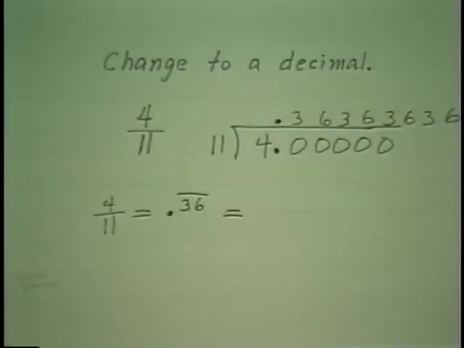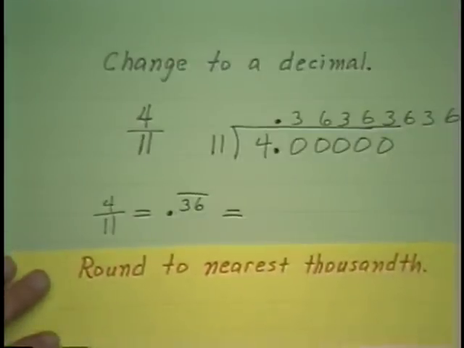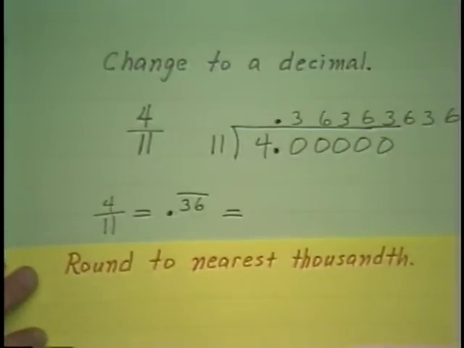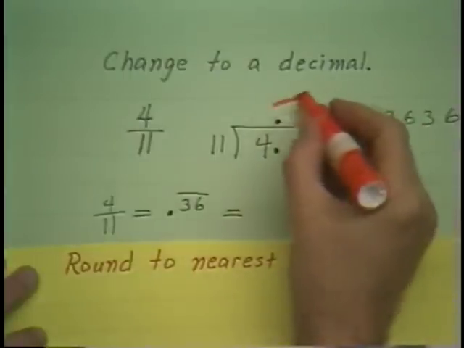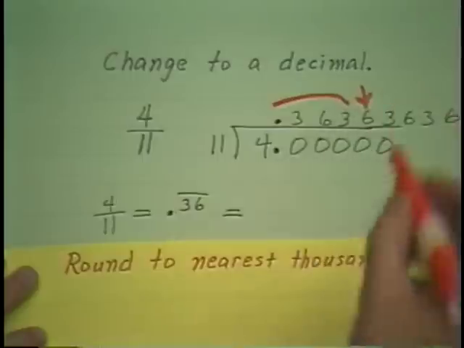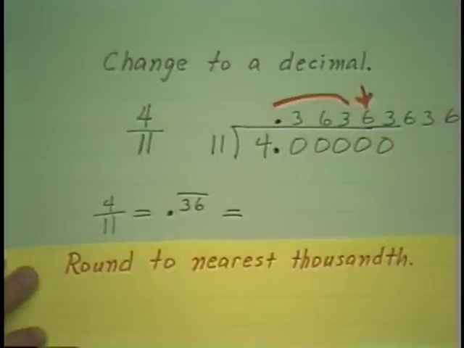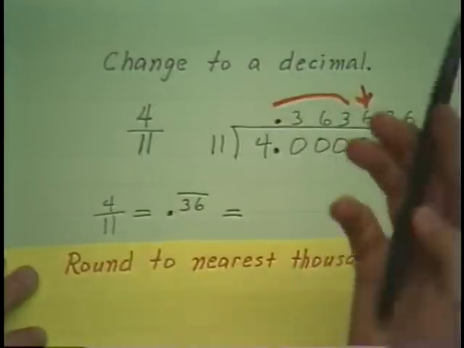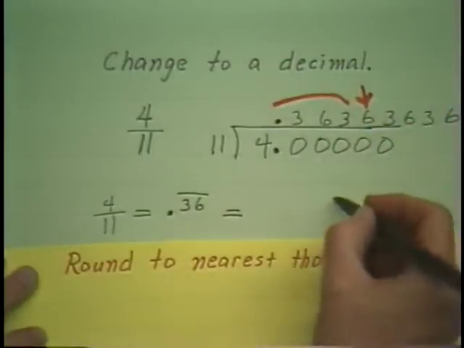Or whoever is using this might make a statement like this: round to the nearest thousandth. So in a case like that, we go out to the nearest thousandth, look only at the digit next to it, and that is 5 or more, so we add 1 to the thousandth position, which is 4.